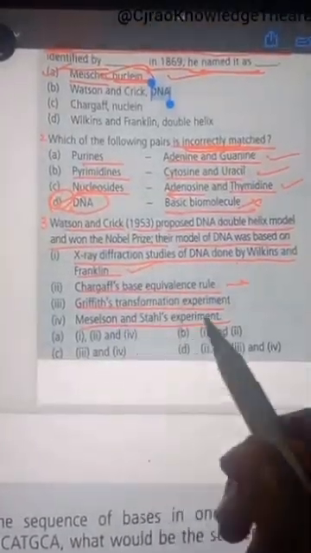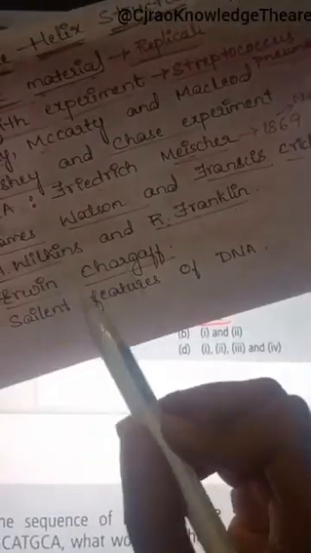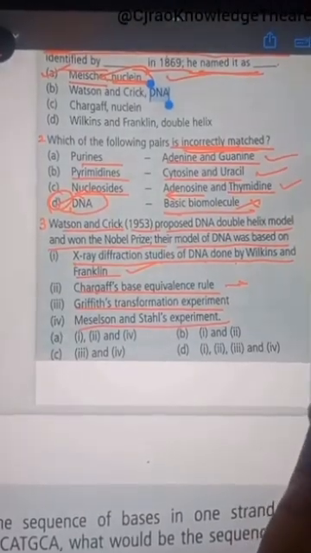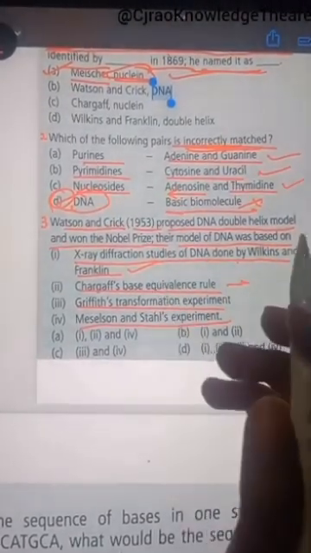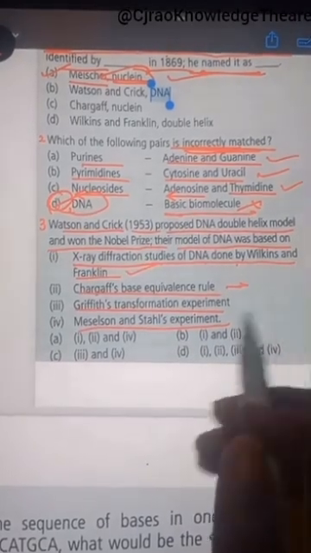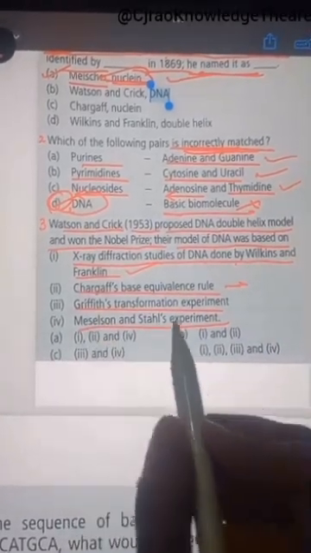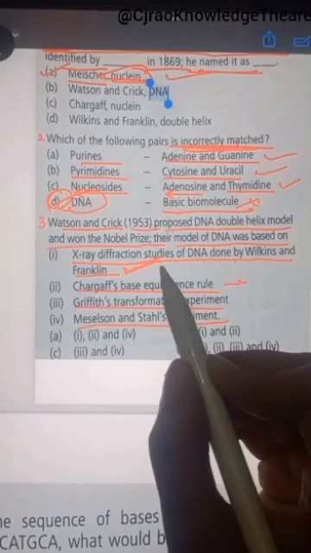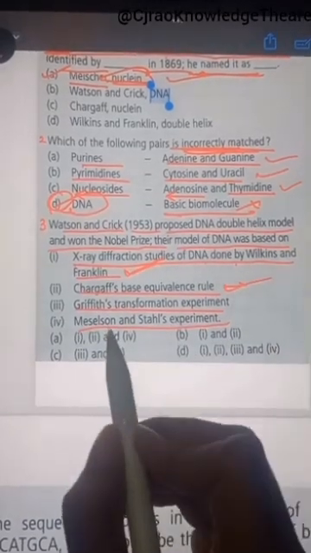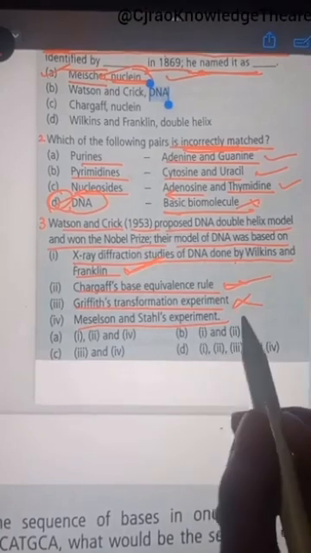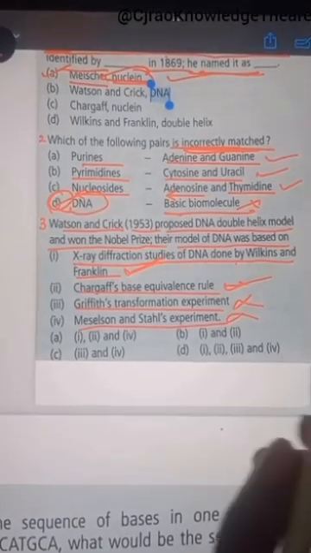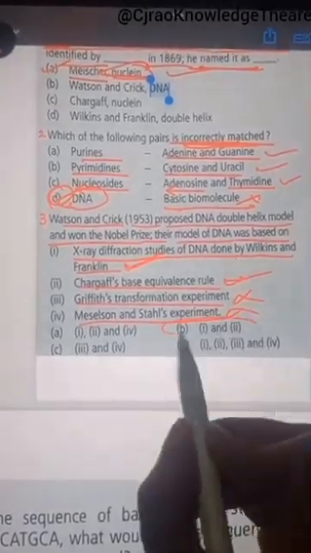So it is right, and it was also based on the Chargaff rule, that is A equals T and G equals C. Always it is constant. So option 1 and option 2 are correct. But it was not based upon the Griffith experiment or Meselson and Stahl's experiment. That is wrong. Okay, so the answer here is option B.